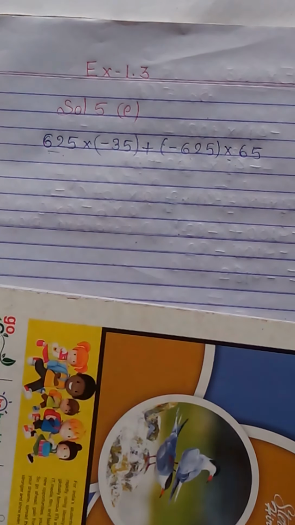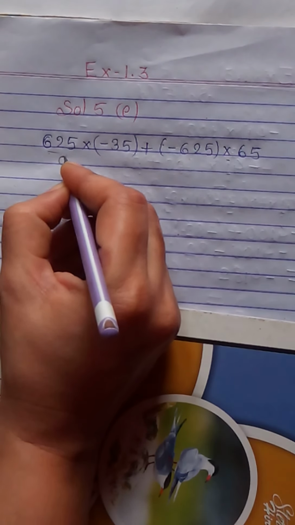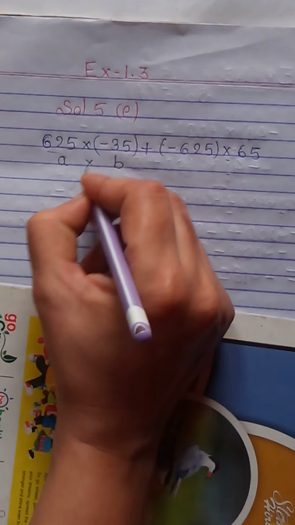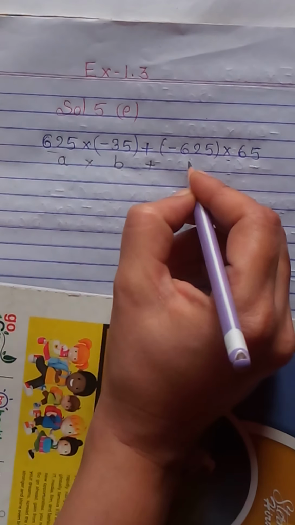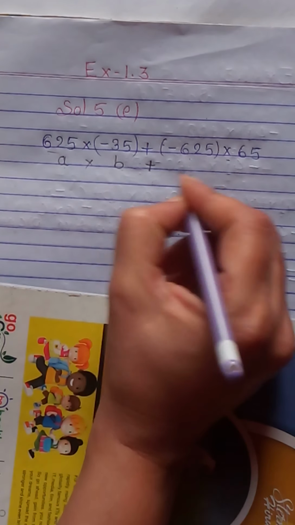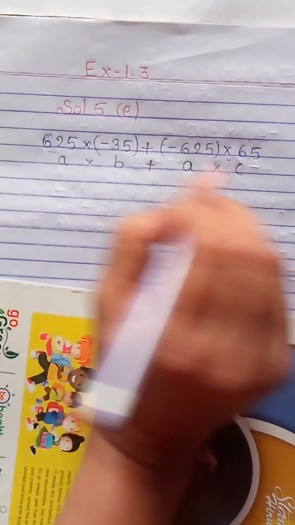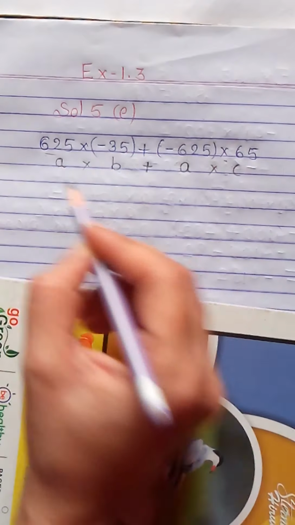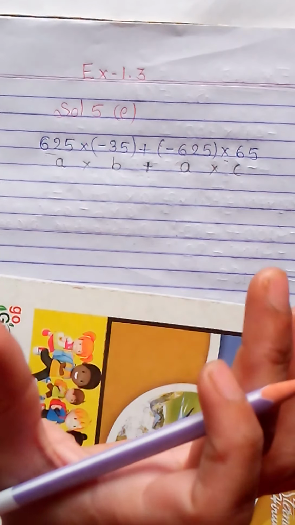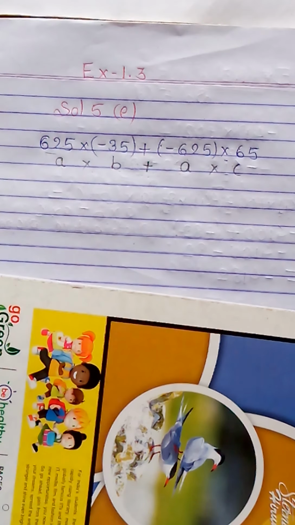One more thing should be observed here. If 625 is A, and here is B, then A cross B, then plus, here A is equal to 625, again repeating here, so again we can write A cross, and this is another number, so we can take it as C. A cross B plus A cross C. Can you remember which property this is?